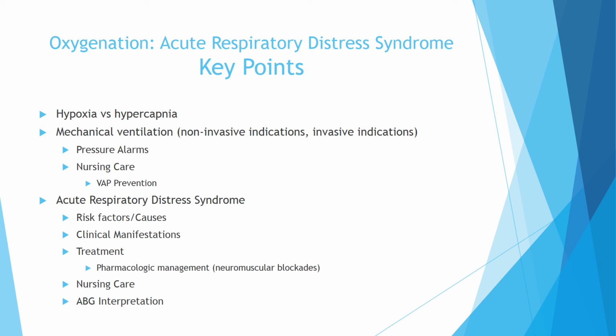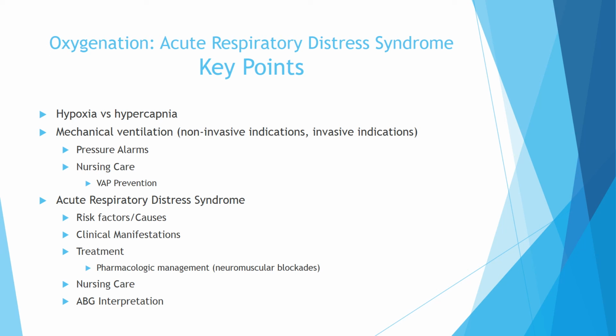Hypercapnia is the high PaCO2, so that's arterial CO2 levels. So hypoxia is low PaO2, hypercapnia is high PaCO2. And remember, thinking back to classification, what is respiratory failure in terms of our pH, our O2, and our CO2?